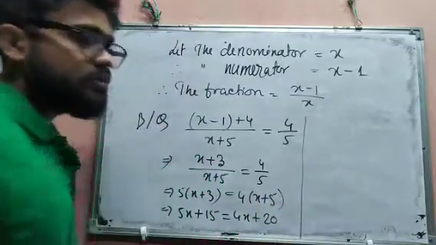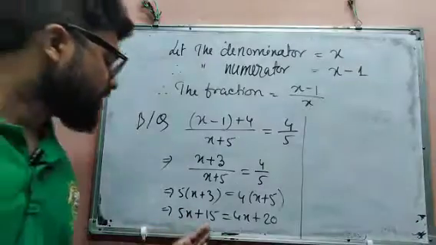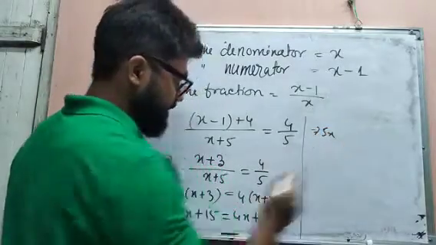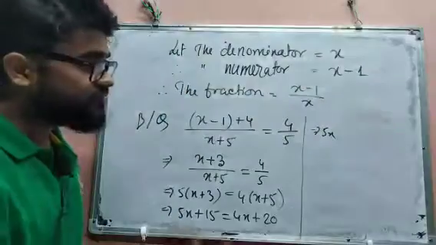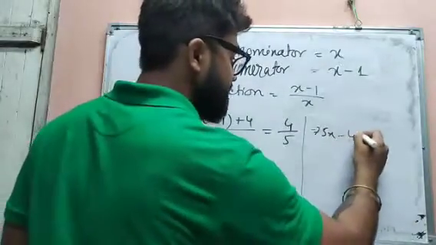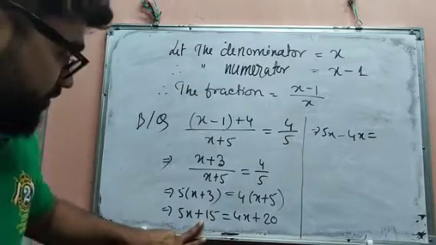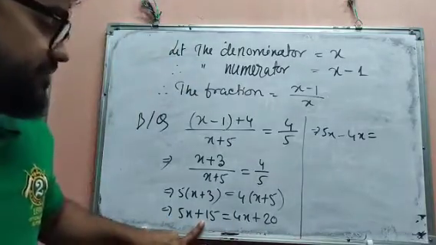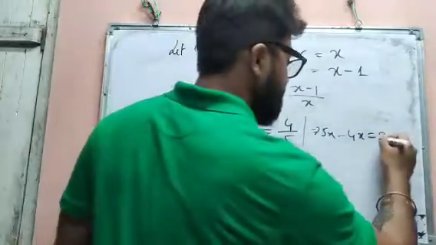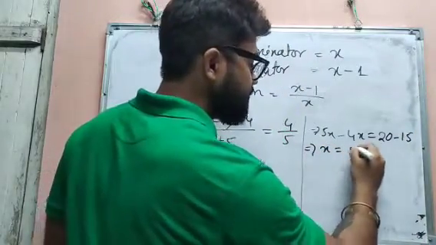Now simply bring all the x terms to the left hand side and all the numbers to the right hand side. 5x stays, 4x is positive on the right, so when we move it to the left it becomes negative: 5x minus 4x. The 15 is positive here, so we take it to the right hand side and it becomes negative. So 20 minus 15, and you will get x equal to 5.